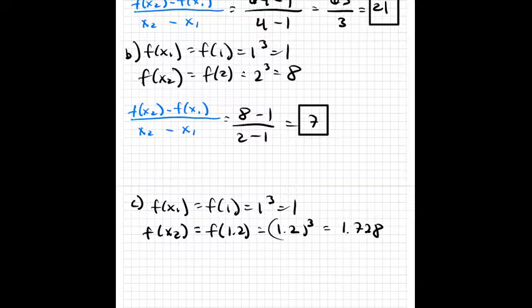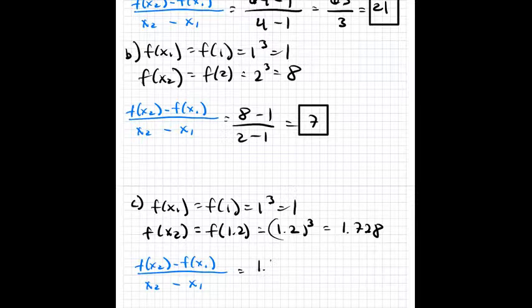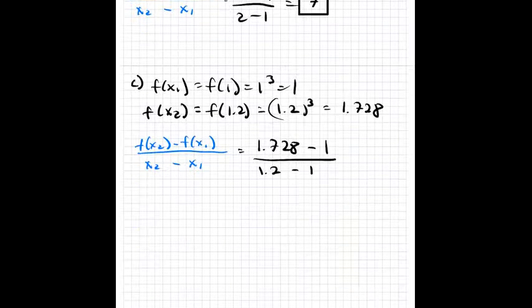So then copy, paste. The average rate of change between these 2 points is going to be 1.728 minus 1 over 1.2 minus 1. So that's going to be 0.728 over 0.2.